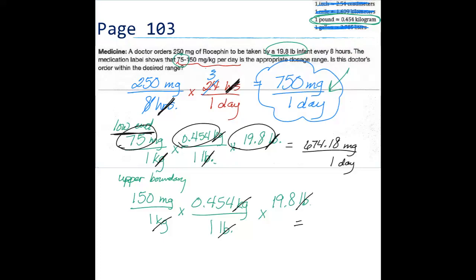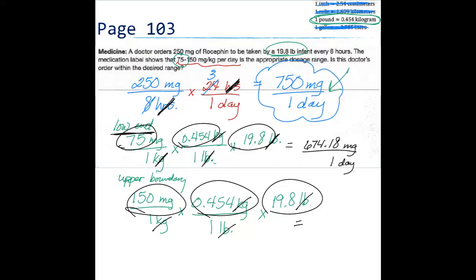So what is the answer for that when you multiply all these? Well, we did 75 times that. Now we're doing 150.